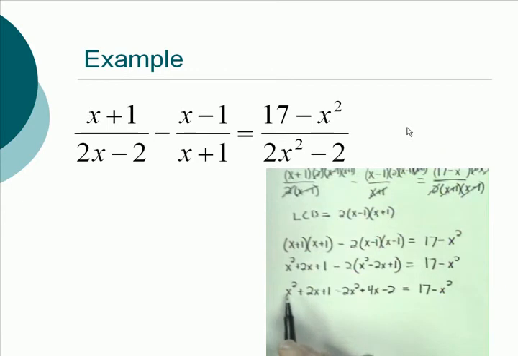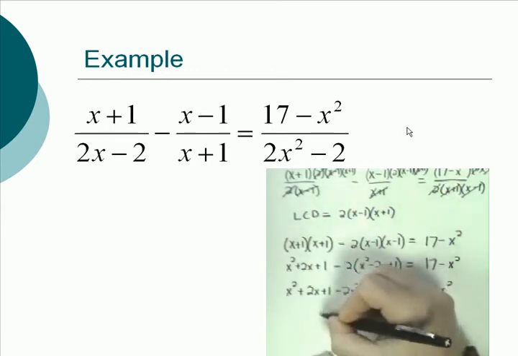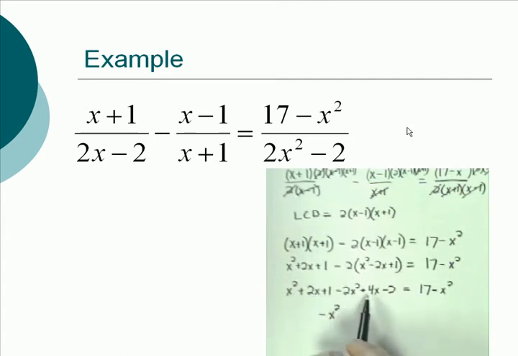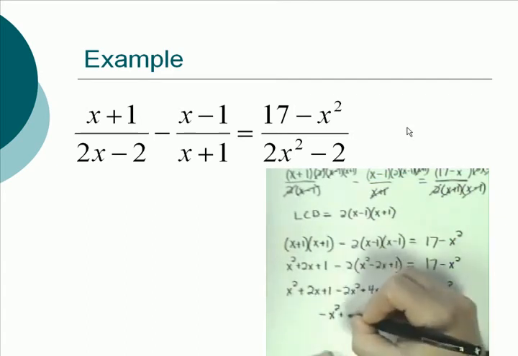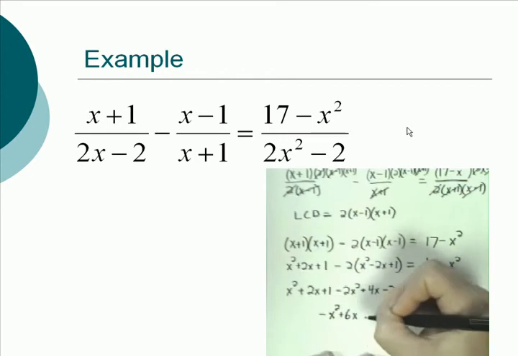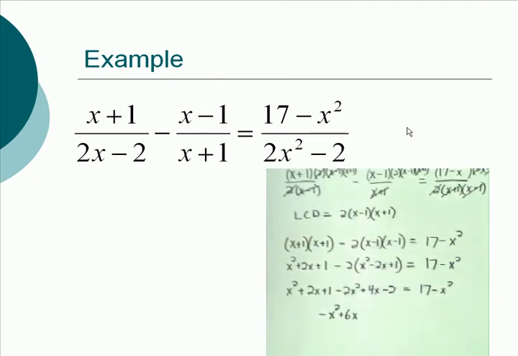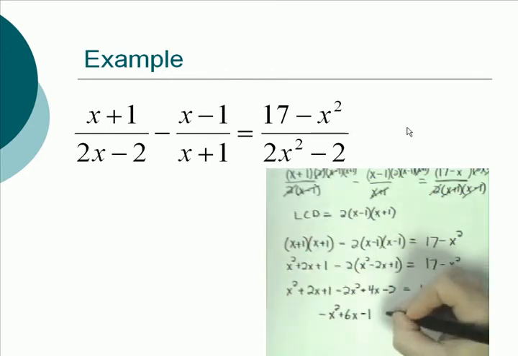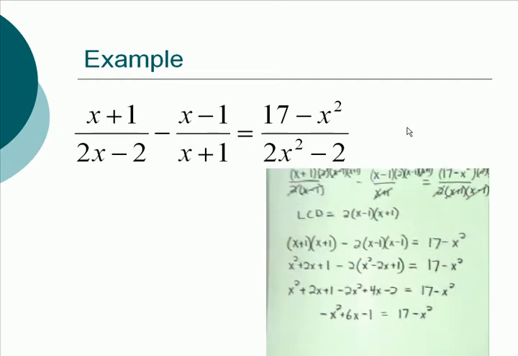We have x squared minus 2x squared. That leaves us with negative x squared plus 2x plus 4x. That's plus 6x. And 1 minus 2 is negative 1. That has to be equal to 17 minus x squared.